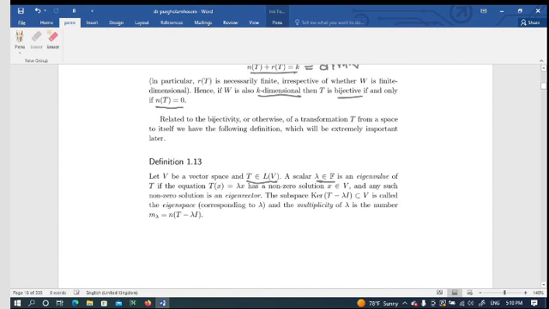For lambda in F, we say that lambda is an eigenvalue of T if T of x equals lambda x has a non-zero solution.